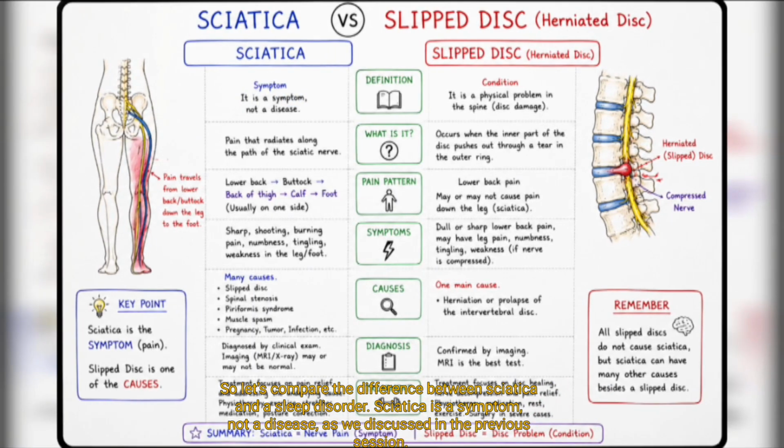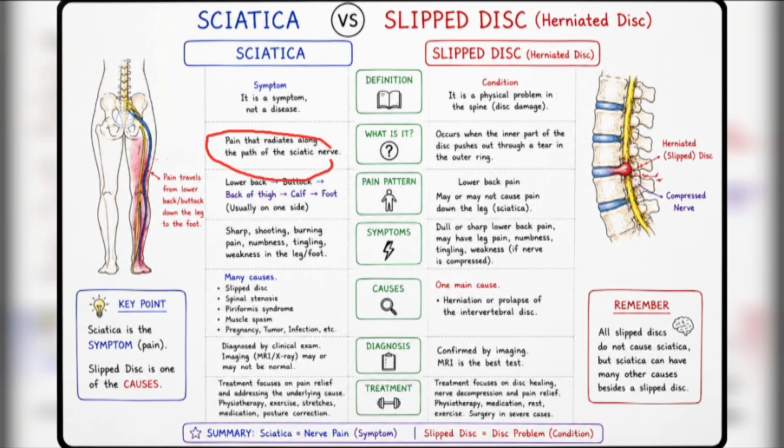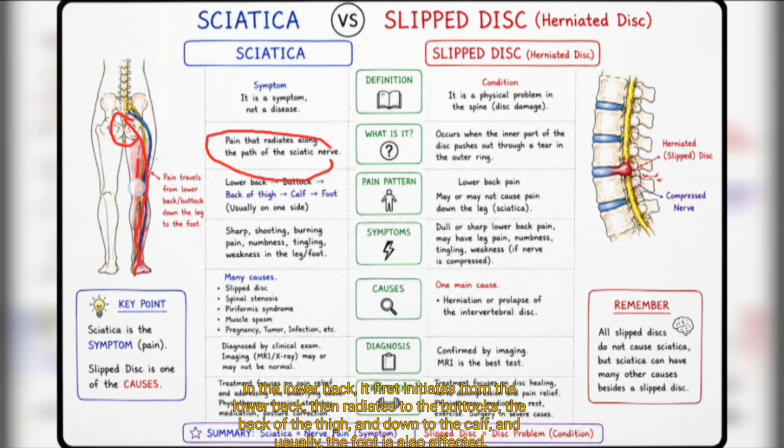We talked about this in the previous session. In sciatica, pain radiates along the path of the sciatic nerve. It is initiated from the lower back, then radiates into the buttocks area, the back of the thigh, and the calf, and usually the foot may be involved.